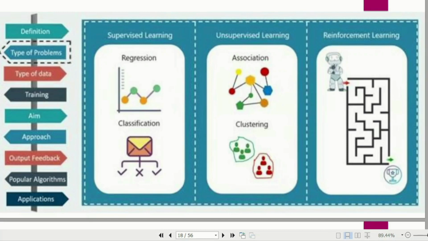Here comes the second type, unsupervised learning. In unsupervised learning, association is here. Association rule learning is a kind of unsupervised learning technique that tests for the reliance of one data element on another, designed so that it can be more cost effective. It tries to discover interesting relations or associations between the variables of the data sets.